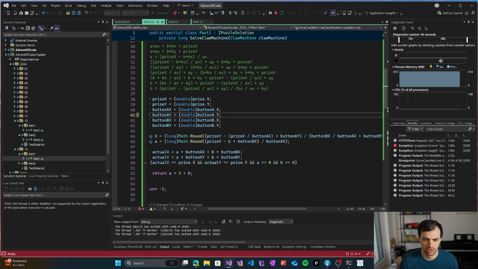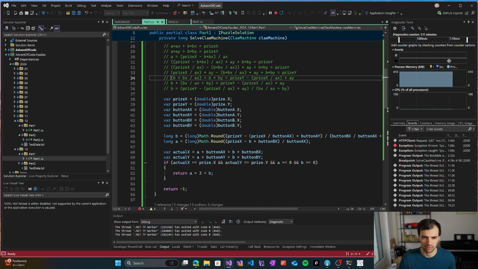And what is that? Oh, wait. There is the problem, right? What happened here? It's completely wrong. I again trusted Copilot when I should have, I guess.